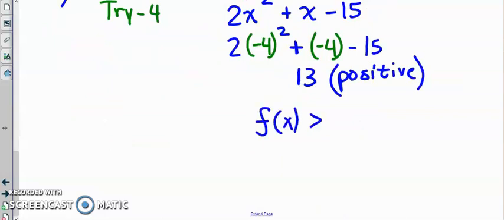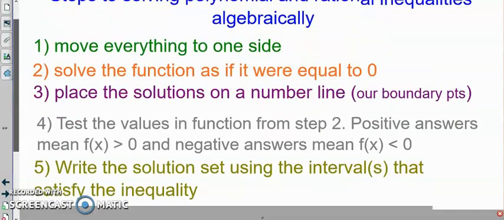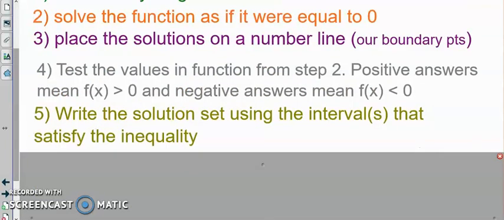than 0. Now with that, I'm going to go back to what we just talked about with the steps. We said if it's positive, that means f of x is greater than 0. If it's negative, f of x is less than 0.